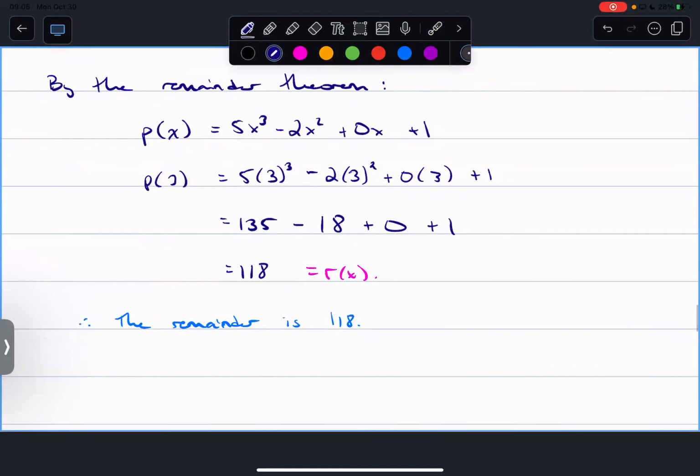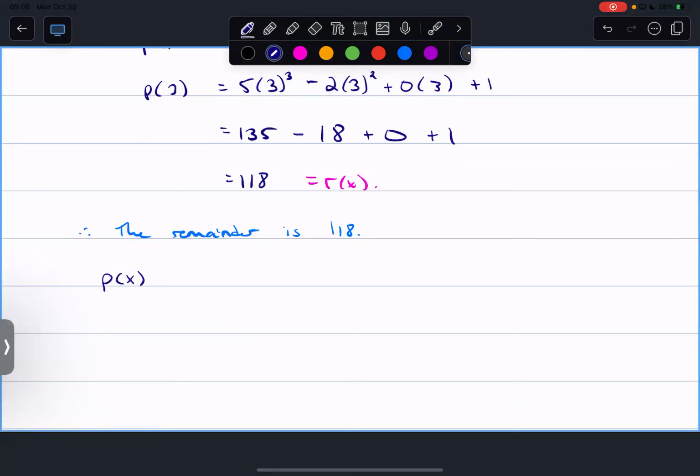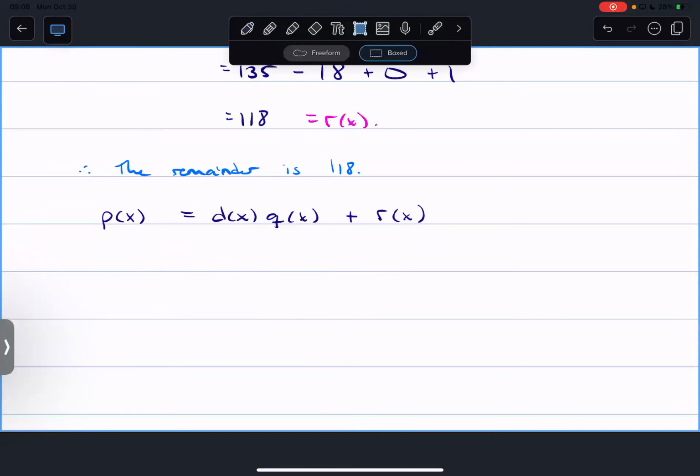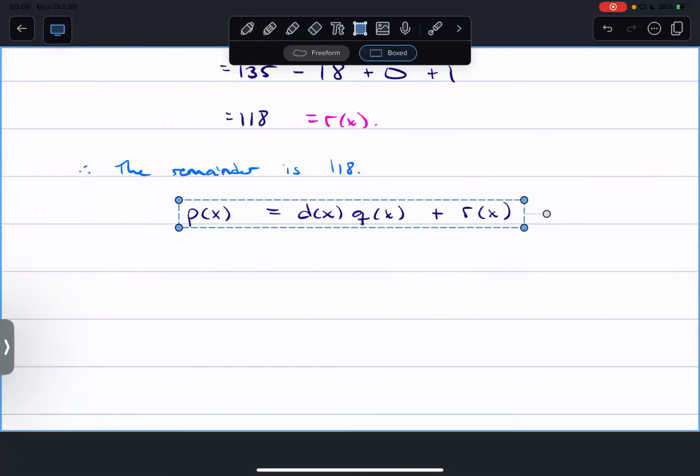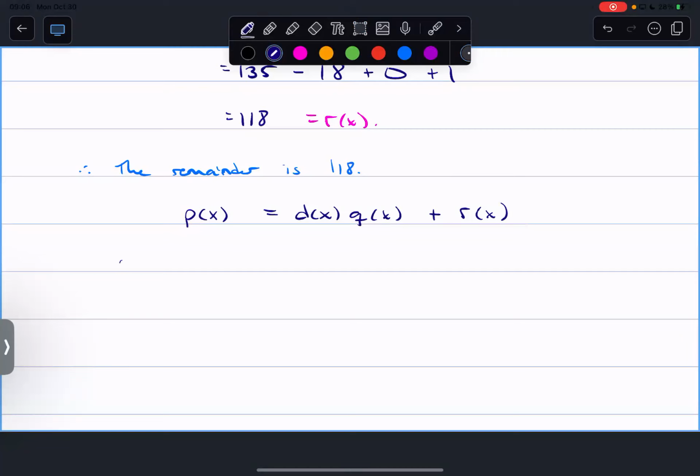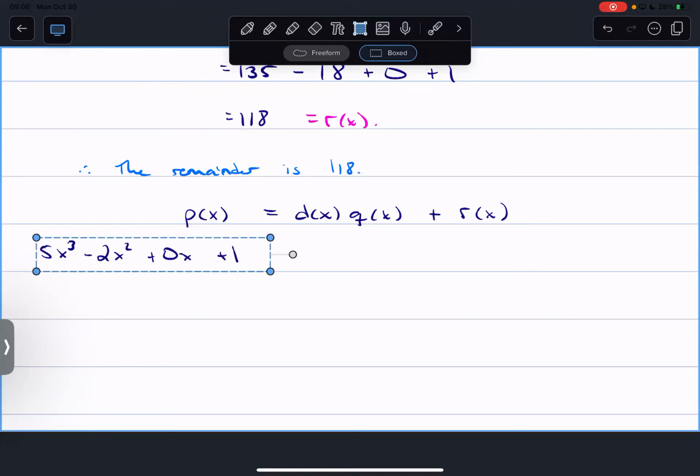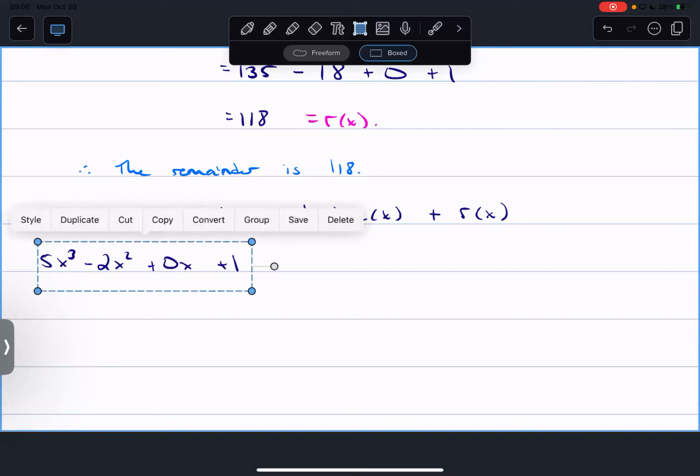We can say that P of x is equal to d of x times q of x plus r of x, where in our case, let me center this, because P of x is actually quite large. That's my P of x.